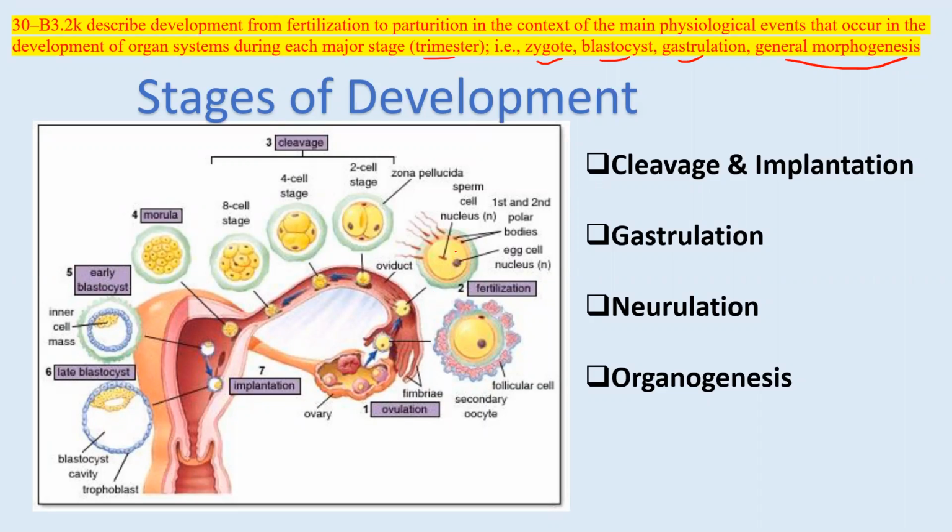You can see that here, cleavage. Implantation is when the developing ball of cells embeds itself in the uterus. Gastrulation, we will go through with blastocyst and the development of the nerve and organs.